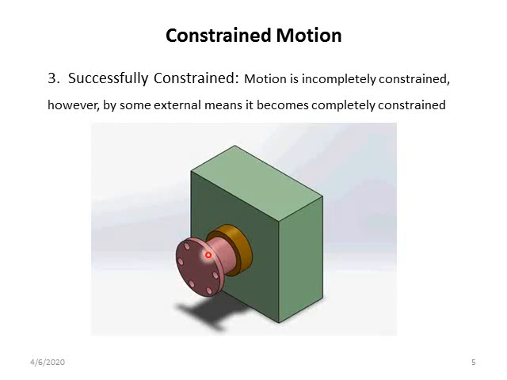How can we achieve it? We will just install another component in the assembly, and by installing the external component, we will retain one of the motions of a link. So let's see the example of successfully constrained motion.